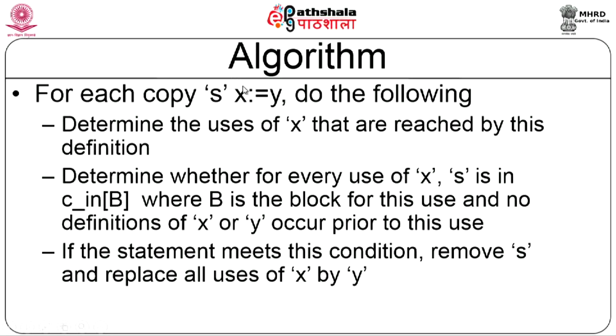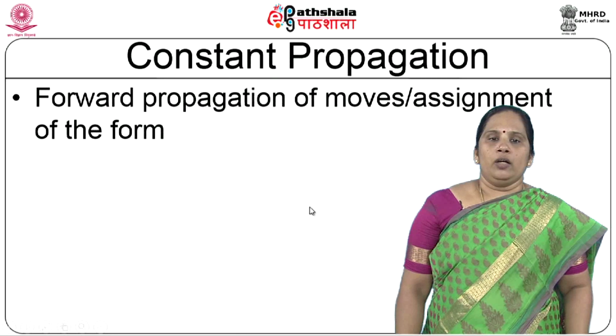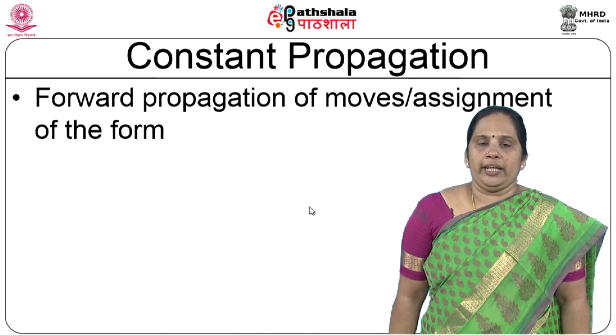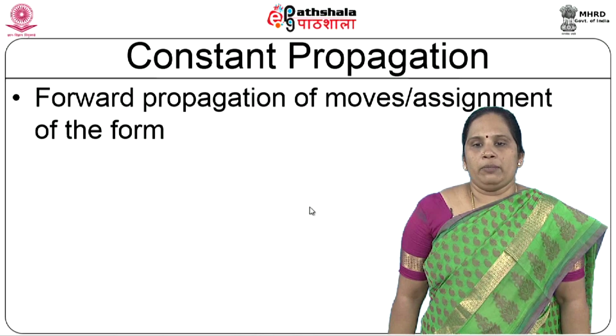So for X is equal to Y, I can look at its uses using the UD chain, and check whether the use chains based on this definition are reached only by this particular statement. After this check, I can replace wherever X is used by Y itself. Now, copy propagation typically gets created due to global common subexpression elimination.